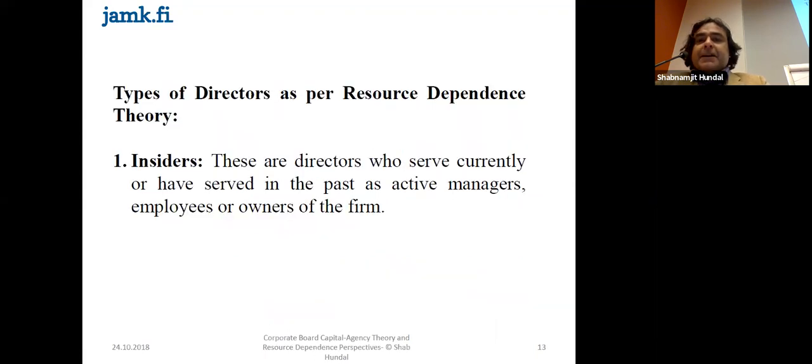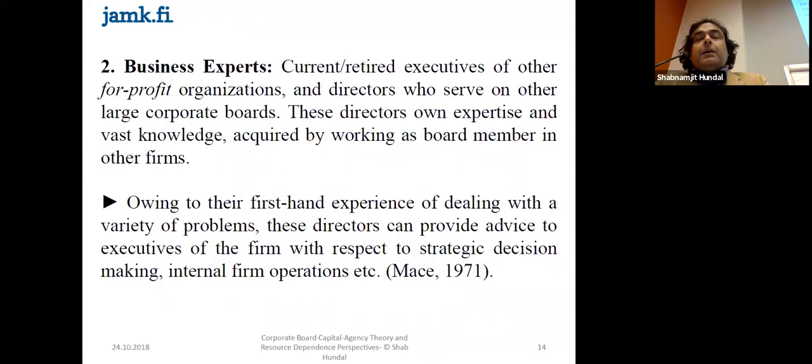According to the resource dependence theory, the first category of director is the same, insiders, like the COO, CFO, all these people. But the second category of people is called business experts. And who are these people? Well, they are the current or the retired executives of other companies. They also serve on the boards of other big companies.